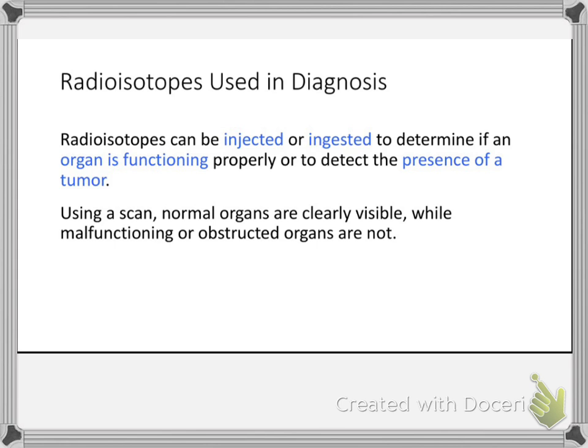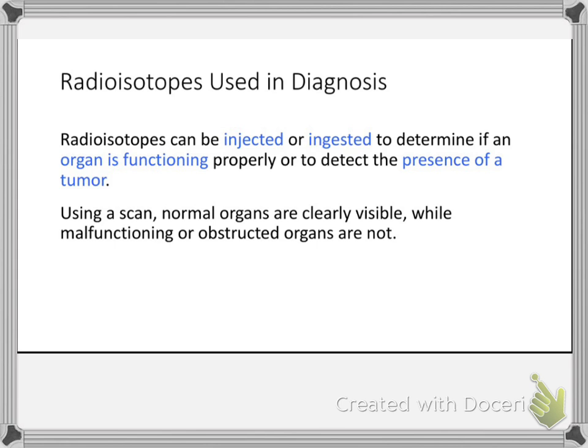Now, radioisotopes are used both in diagnosis and treatment, and perhaps you've had to use a radioisotope in some type of diagnosis, but they will either inject it or you will ingest it, and then they will put you in some type of machine that would scan it. The radioactive isotopes travel through your body just like normal isotopes would, but they will give off radioactivity, and so the machine they put you in can detect the radioactivity, and you get images of your organs.